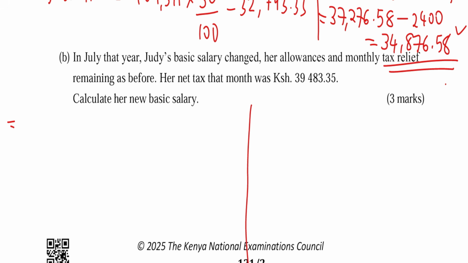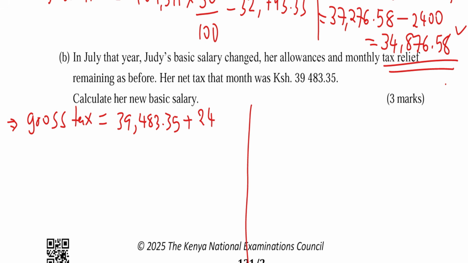And how do you find the taxable income? Through getting the gross tax. You must get your gross tax. You can't calculate the taxable income when you're given the net tax. So it must be the gross tax, because when you did the tax, your first answer was the gross tax, not the net tax. So your gross tax is 39,483.35 plus the relief. So you take net tax plus relief to get your gross tax.